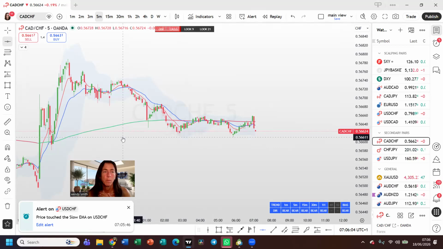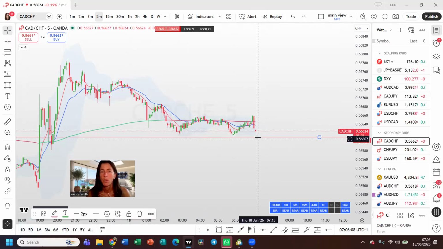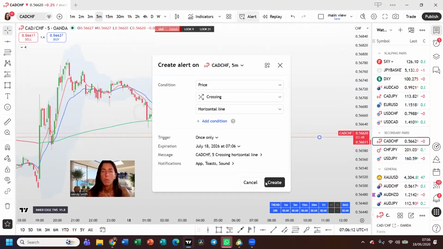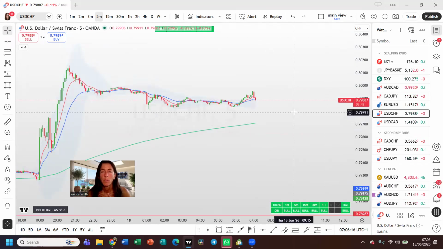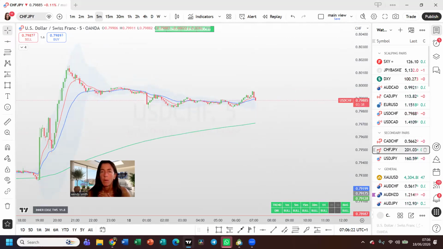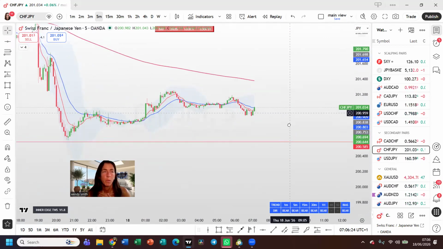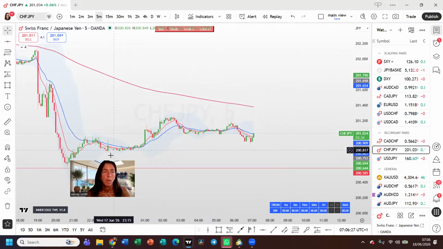Let's give it a target and see if it's had a breach. Look, it is in its cross at the moment. Let's see if it drops and has a retest. USD CHF is starting to come down, but that's all bullish, so leave that be a minute. What's this one doing? CHF JPY.